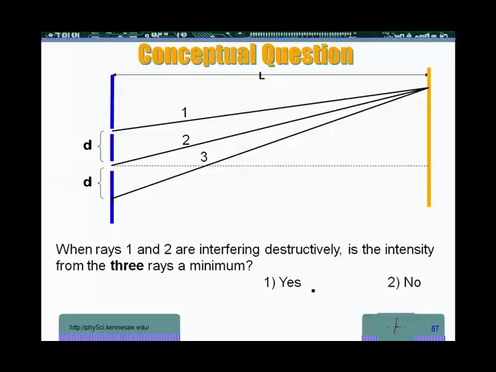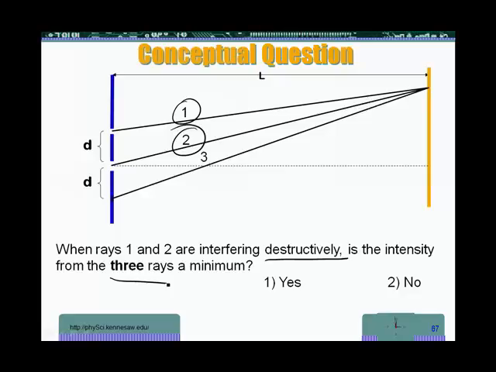Now, let's look at this a little differently. What if beam 1 and beam 2 are interfering destructively in this case, meaning the path difference between them is lambda over 2? They add up destructively. What's going to happen to the third ray?